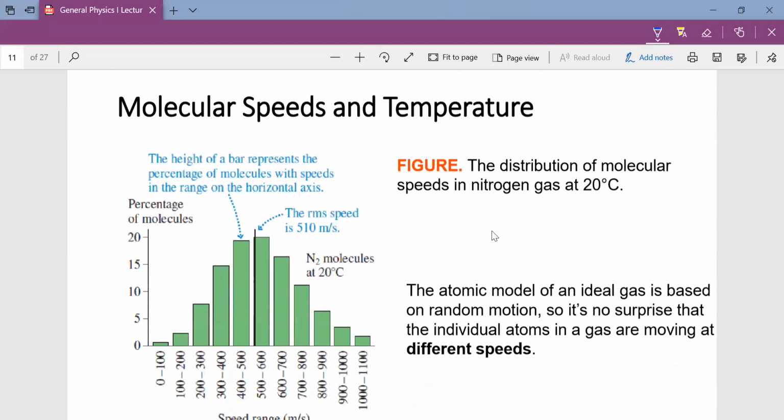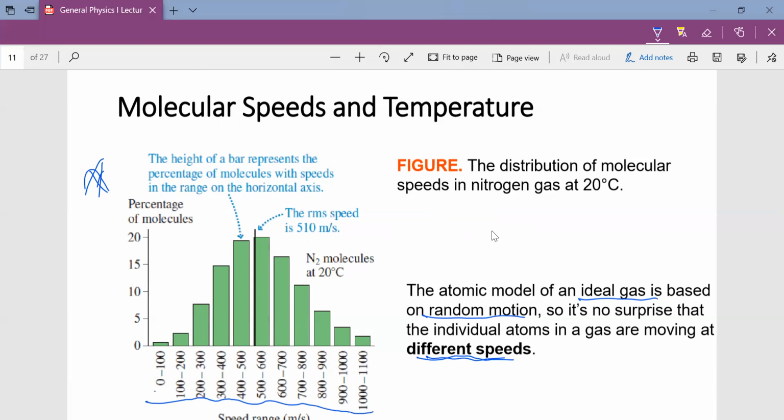reminding ourselves of another important thing about molecular speed and temperature. If we still keep the idea of the ideal gas, which tells us that the motion is always random, and we also know that each of the particles of an ideal gas will have a different speed, we put this in a histogram, as we can see here, putting the different speeds of the particles of a gas in different bars.